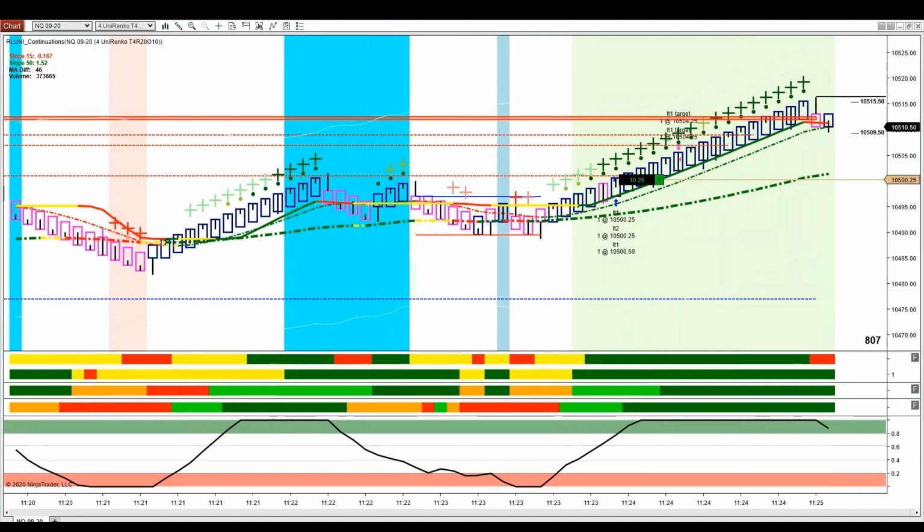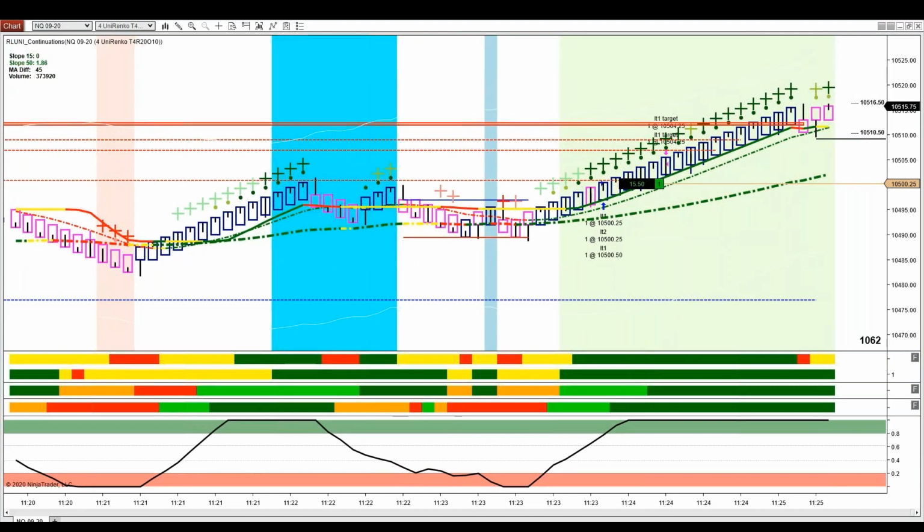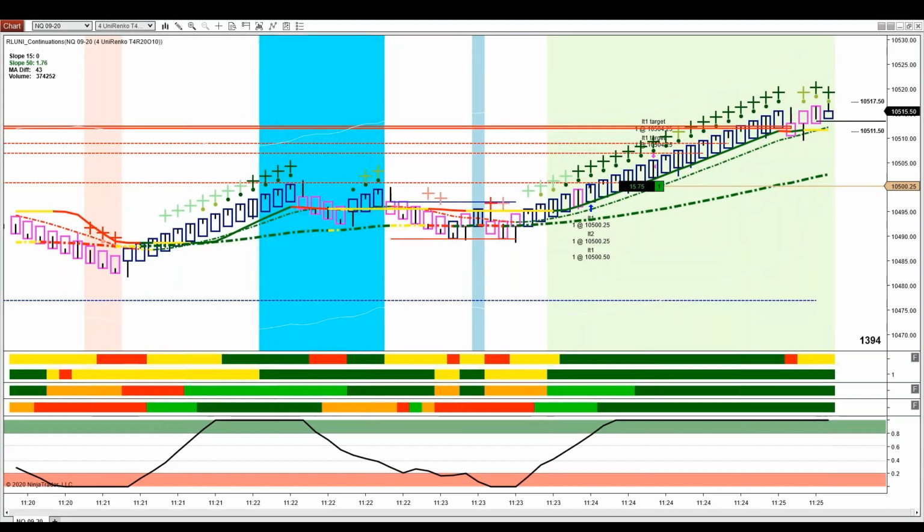Now you're getting a pullback, but the line is still green. So if you configured a close on a down close, you're out. And that line is still green. This is 11:25 in the morning.